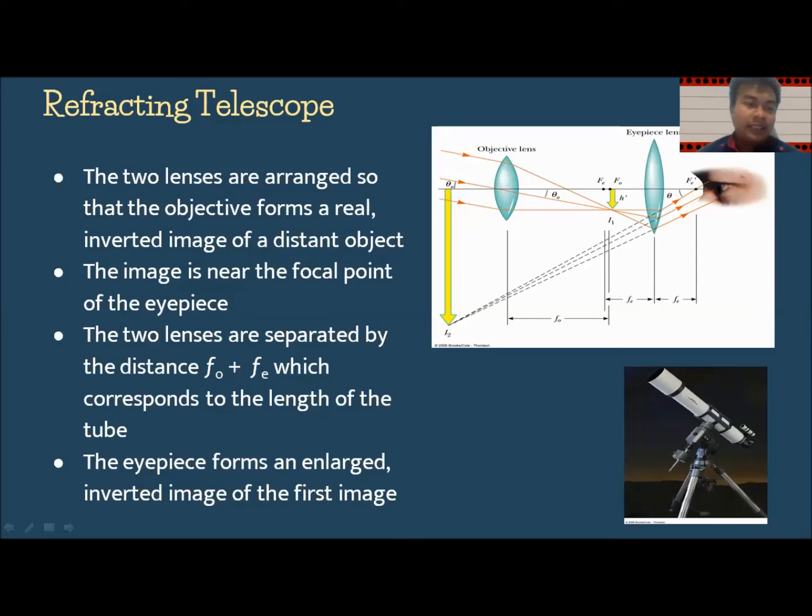And the third is that the two lenses are separated by the distance fo + fe, which corresponds to the length of the tube. And the last is that the eyepiece forms an enlarged, inverted image of the first image.